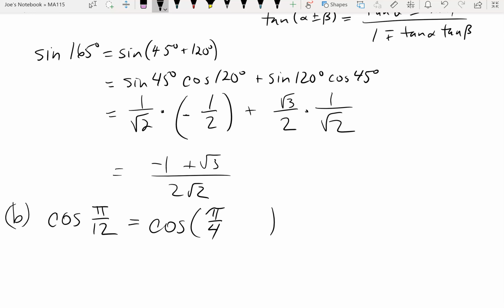Pi over 4. How many pi over 12s is that? 3 pi over 12, right? Multiply top and bottom by 3. I want to end up with 1 pi over 12. This is 3 pi over 12, so what do I need to do to end up with 1 pi over 12? Yeah, I need to subtract the 2 pi over 12, right? Or pi over 6. Yeah.